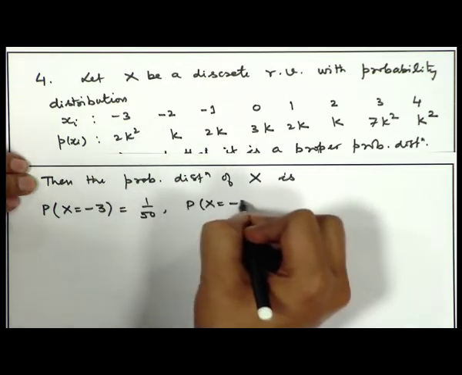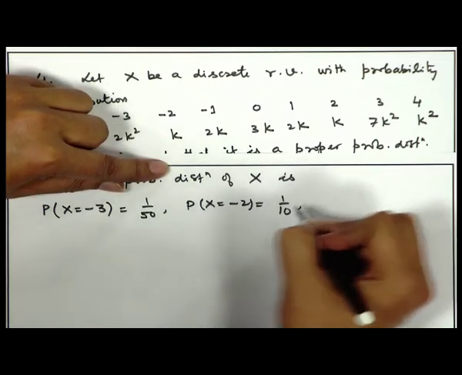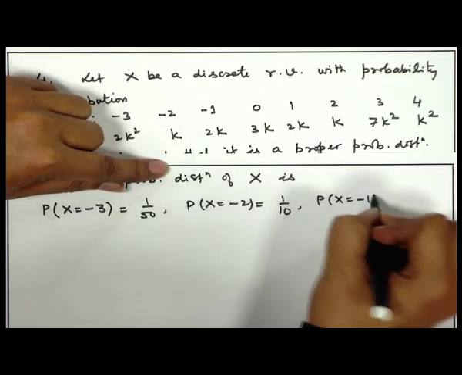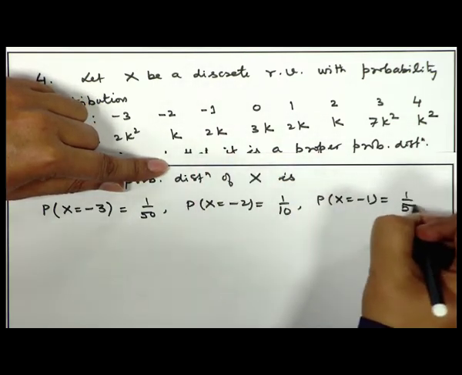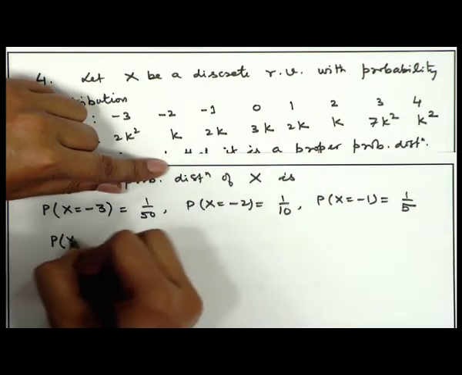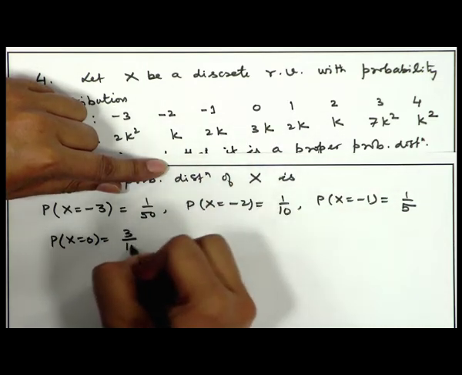Probability x equal to minus 2 is k, that is 1/10. Probability x equal to minus 1 is 2k, that is 2/10, that is 1/5. Probability x equal to 0 is 3k, that is 3/10.